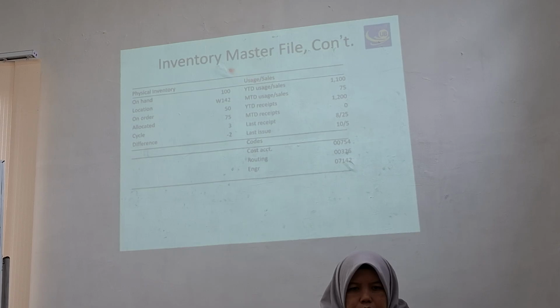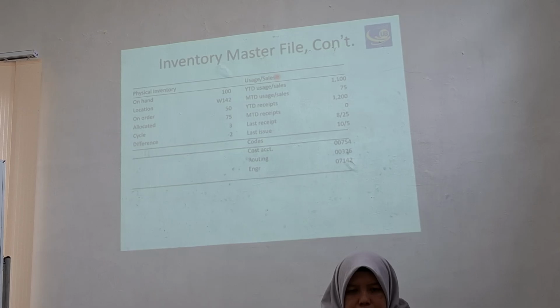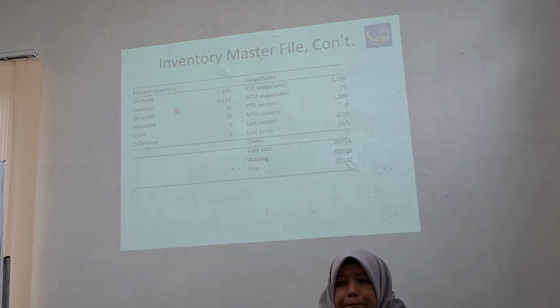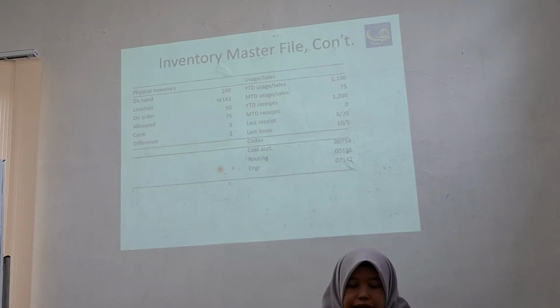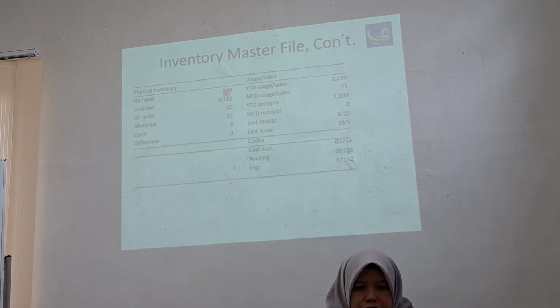For the second part of the inventory master file, there is a physical inventory and usage or sales in 1 year. Physical inventory is on hand. On hand means the inventory in the warehouse. There is a quantity of 100 units.